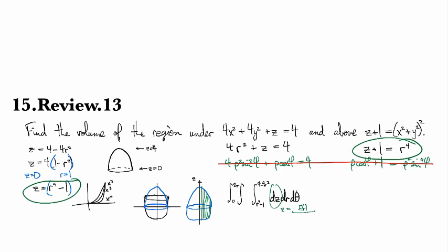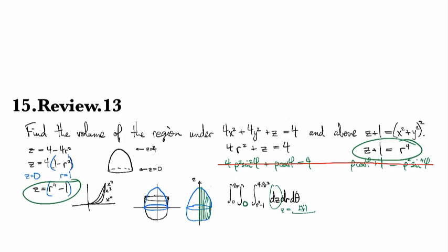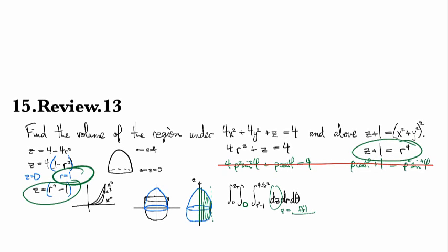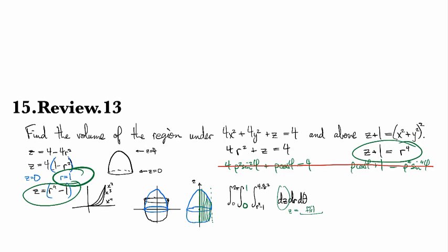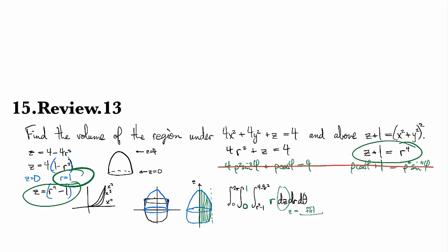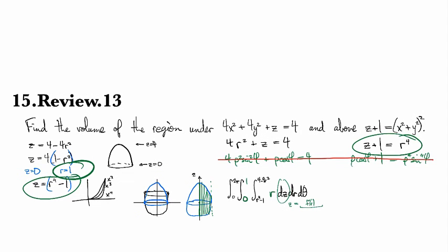Well, we include the axis here, so we start with r equals 0, and we go all the way out to the last one where they intersect, which we just figured out was r equals 1. And we are integrating volume, so our only integrand is r coming from the Jacobian. Okay, ready to go, let's do it.